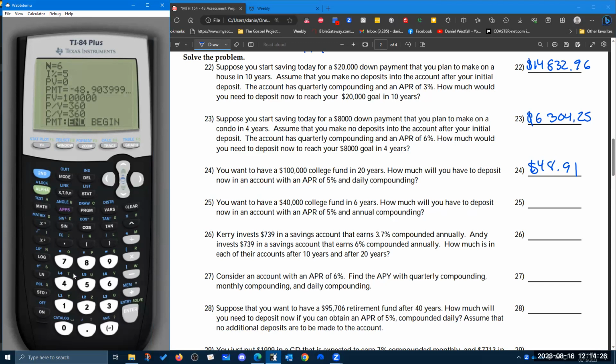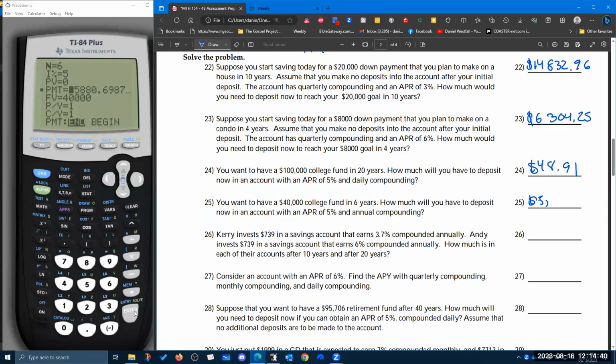And you want the future value to be 40,000, and it's compounded once a year. We're going to have to invest $5,880.70.